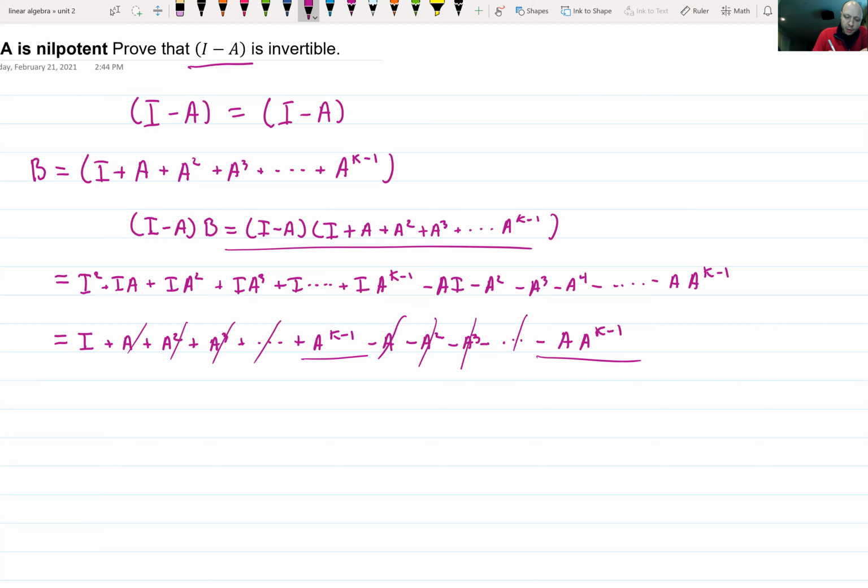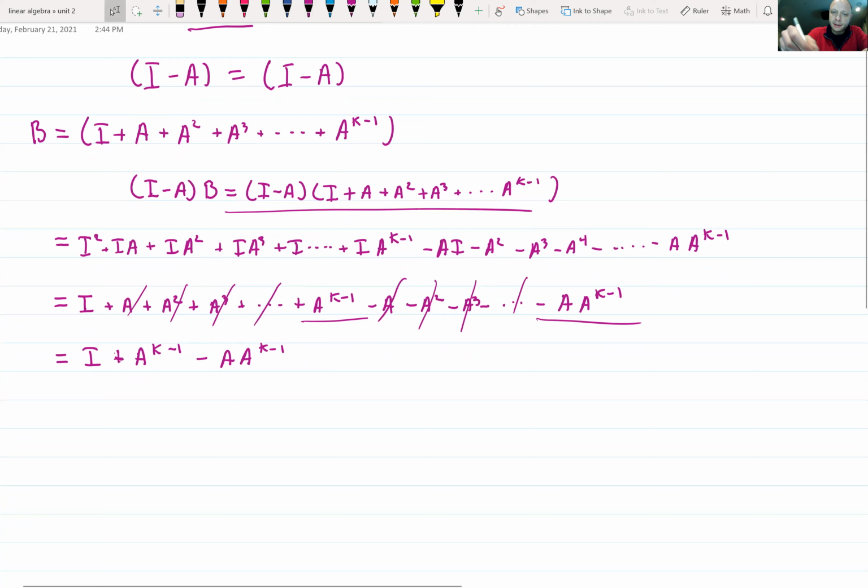Okay, so then that's going to equal I plus A to the K minus 1 minus A to the K minus 1. Okay, so A to the K minus 1 and A to the K minus 1. This can be broken down from the exponent laws. I'm going to add a little side note.